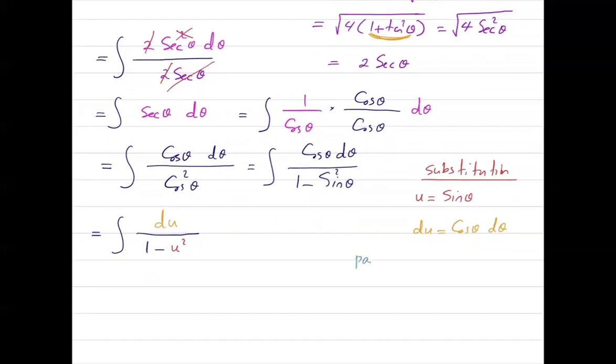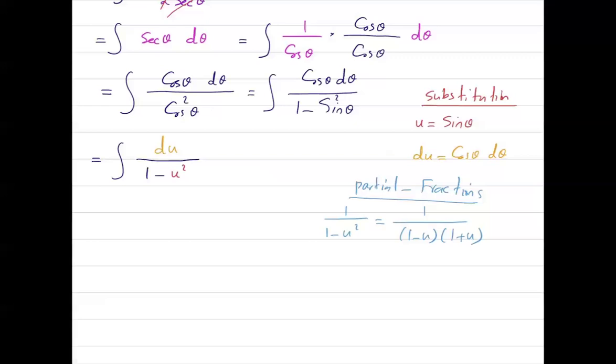So in the method of partial fractions, if you have 1 over 1 minus u squared, this can be written as 1 over 1 minus u times 1 plus u, which in turn can be broken down into two fractions, a divided by 1 minus u plus b divided by 1 plus u. Our goal is to find the values of a and b.